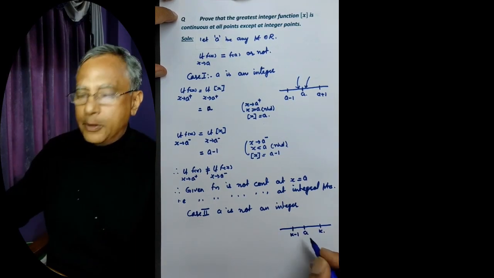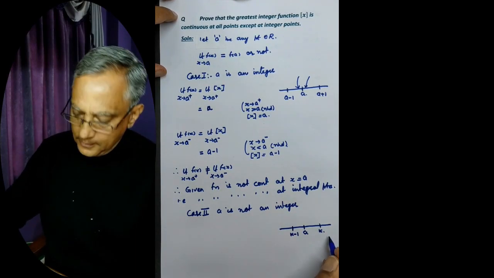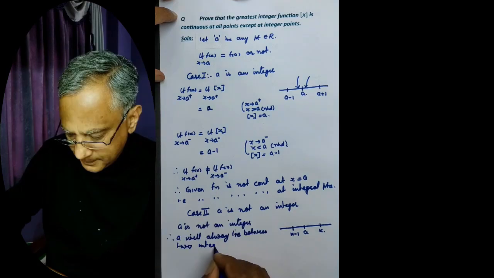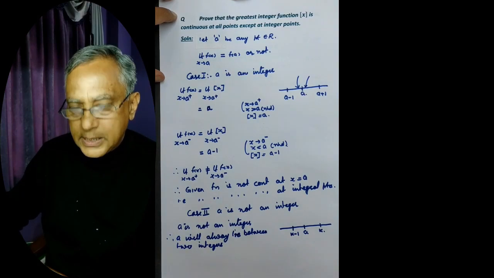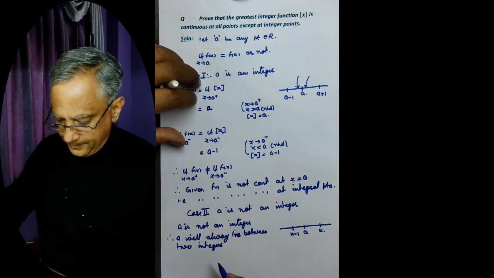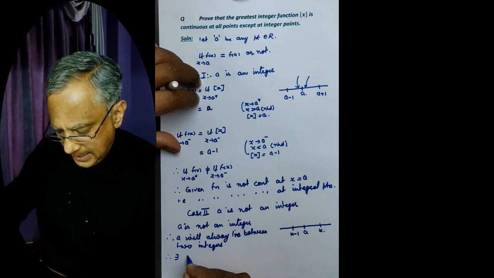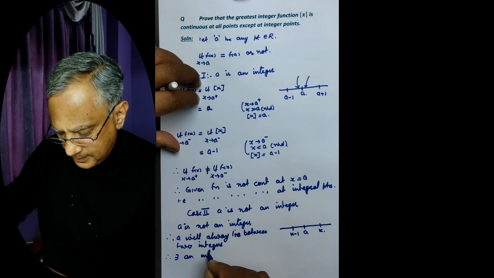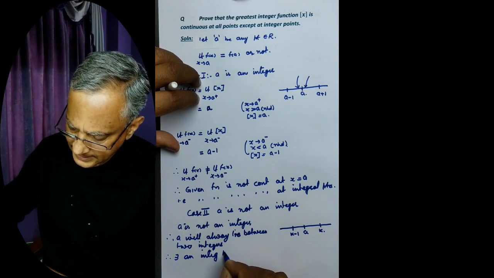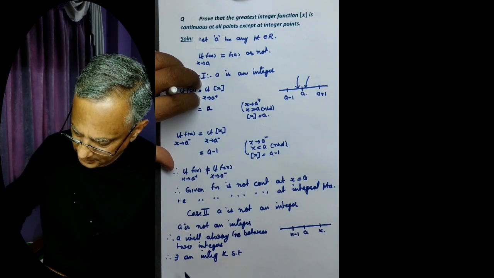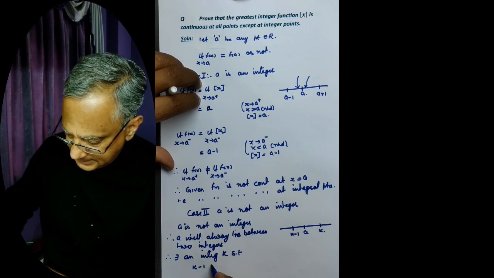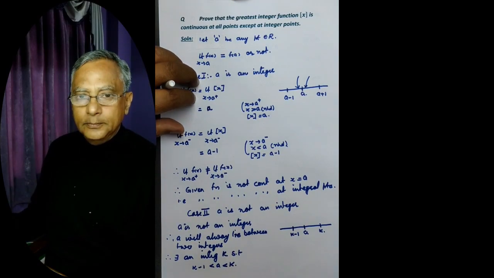So a will always lie between two integers. Therefore, there exists an integer k such that k minus 1 is less than a is less than k.